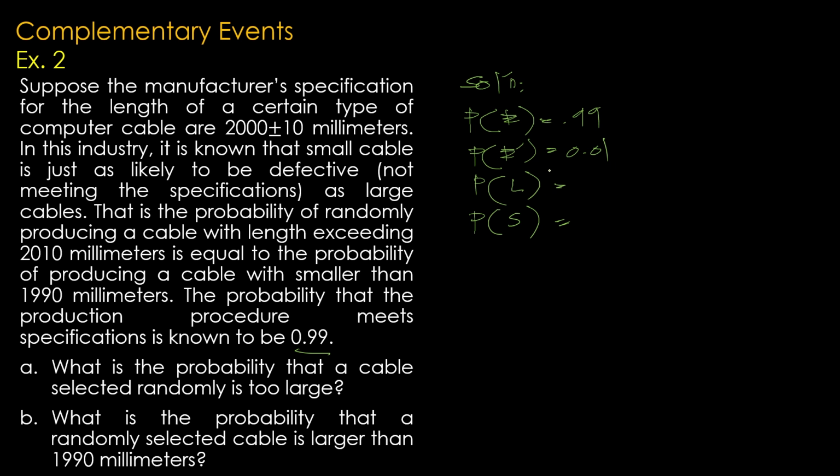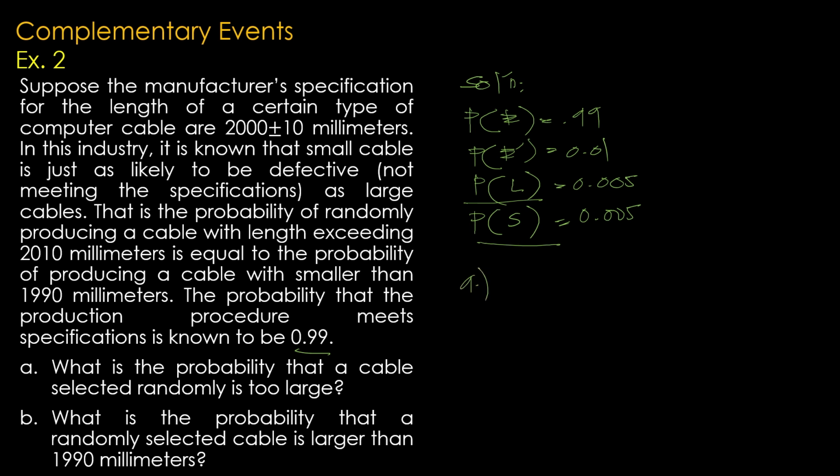Since there are two limits here, you just need to divide this by 2. So that would be 0.005. Meaning, there is a 0.5% chance that we get a cable that is large, and also a 0.5% chance that we get a cable that is small.